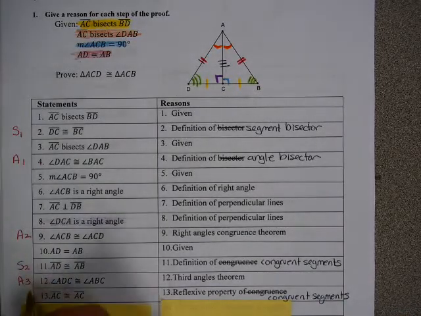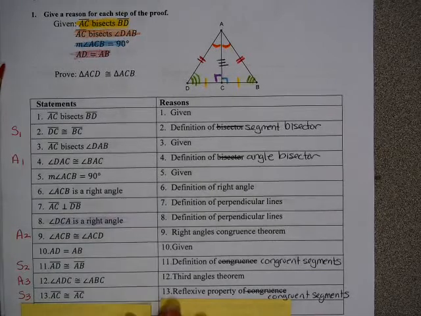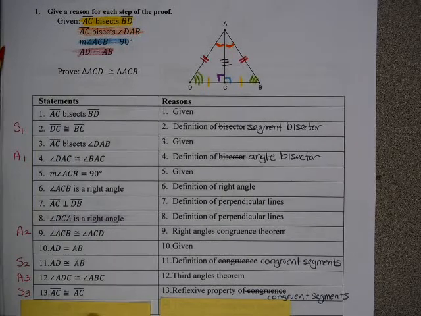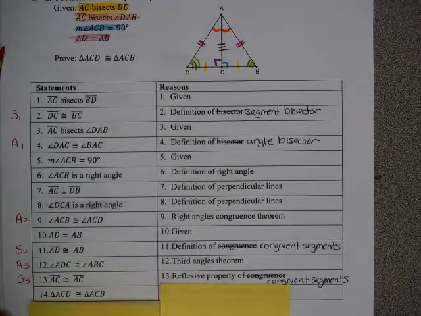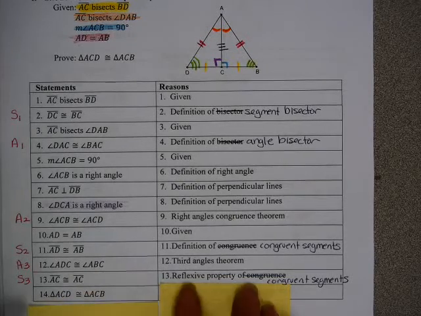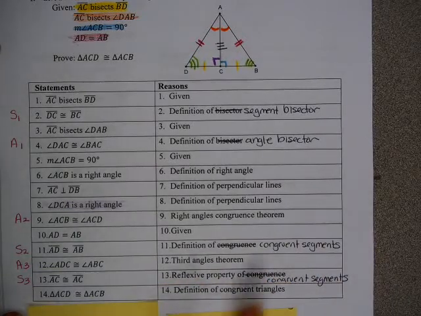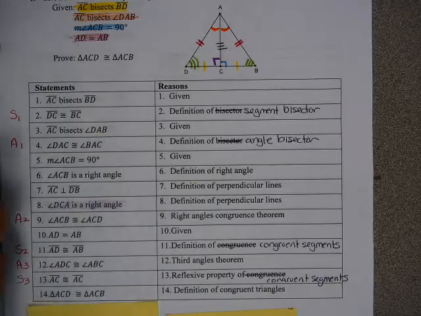And that makes your third set of sides. Okay, so now that you have 3 sets of angles and 3 sets of sides, now you are done, and you can finally say that those two triangles are congruent, and they are congruent because of the definition of congruent triangles.